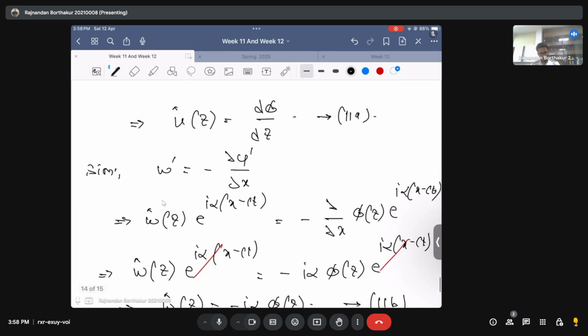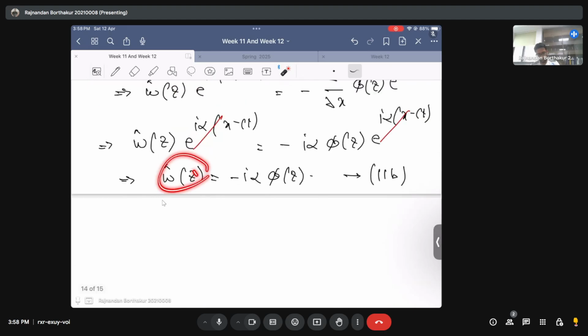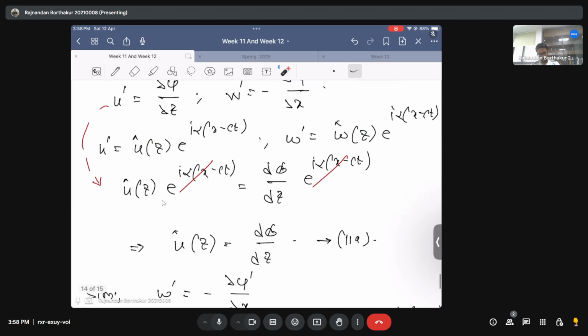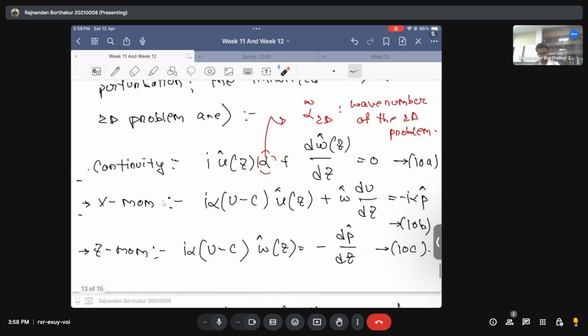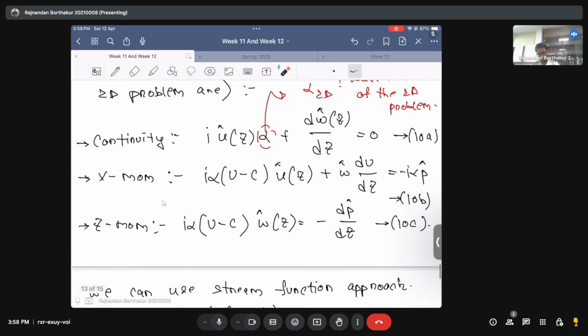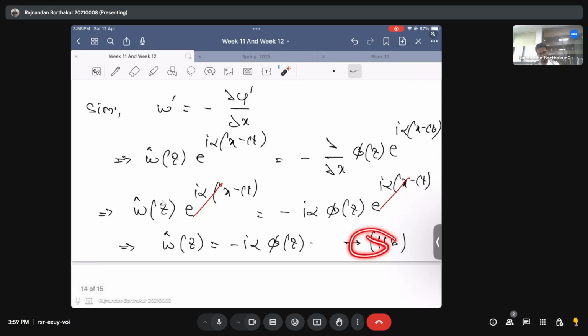So the next step is easy, because we already have the relationship between u hat of z as phi prime and w hat of z as minus I alpha phi. So we will just substitute this into this equation. I hope you understand that we'll replace u hat of z and w hat of z in terms of phi by using equations 11a and 11b.